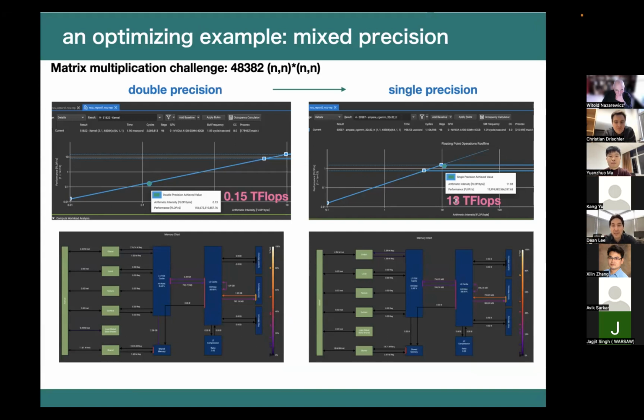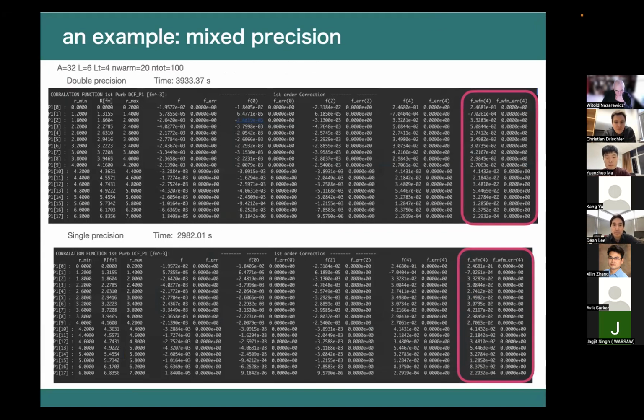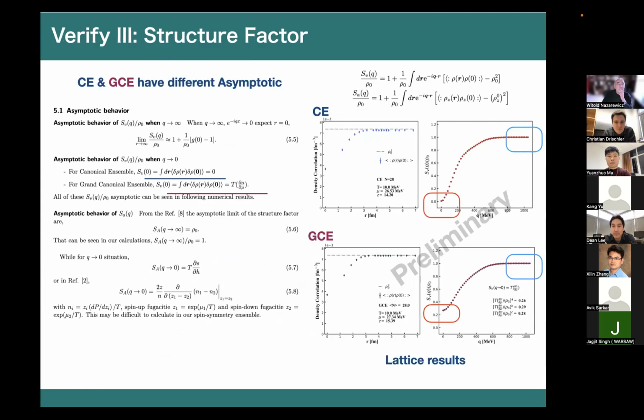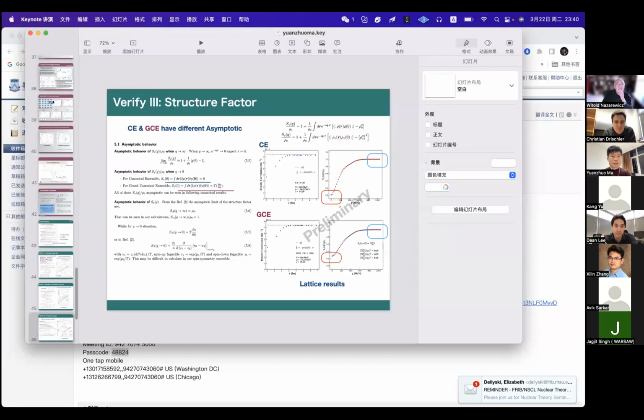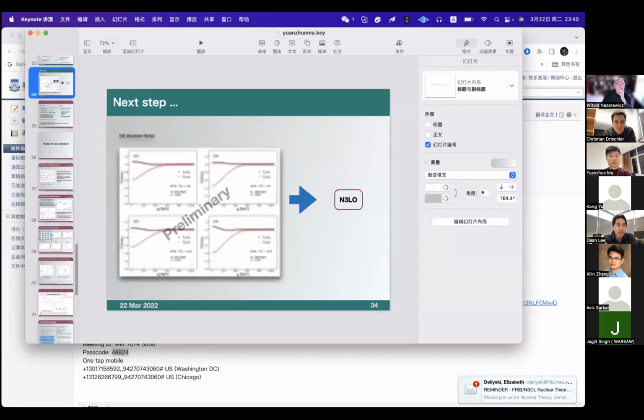And also the final result does not show a difference. So a lot of these optimization considerations help to achieve the behavior that you mentioned, around 200 times speed up.